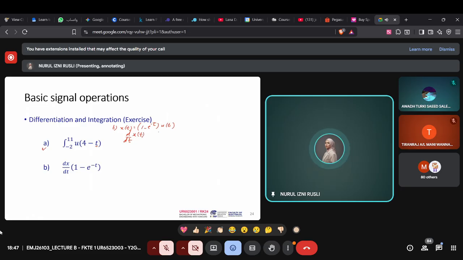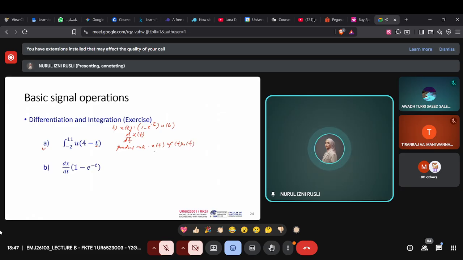Remember that I told you whenever you want to make the signal start at 0, you have to multiply by the step function. So remember that you have a product rule whereby you have x(t) equal to f(t) u(t).